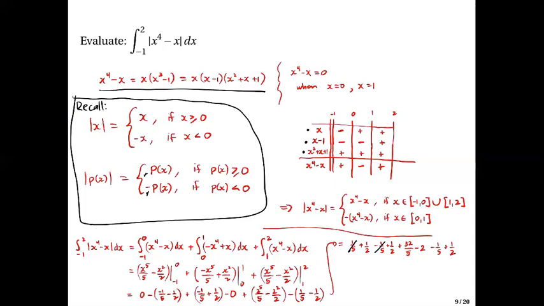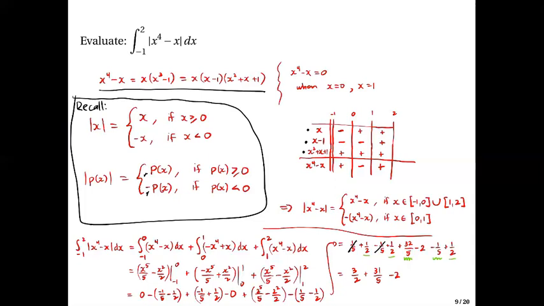Okay? And then I have here plus 1/2, plus 1/2, plus 1/2, that's 3 halves. And then I have here 32 over 5 minus 1 over 5, that's plus 31 over 5, and then we have the minus 2 here.